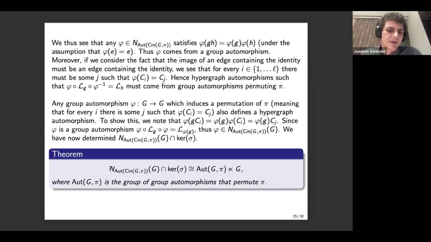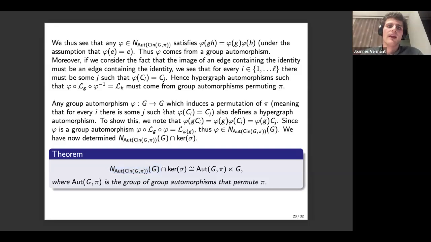It's not entirely immediate, but you basically get it from these two facts, that this normalizer intersected with the kernel of this sigma, so those group elements in the normalizer that don't swap the parts, are given by a semi-direct product of the automorphisms, the group automorphisms that permute this pi with g.